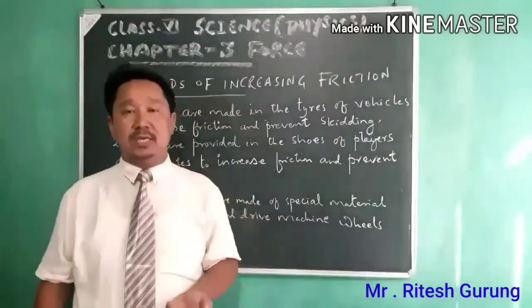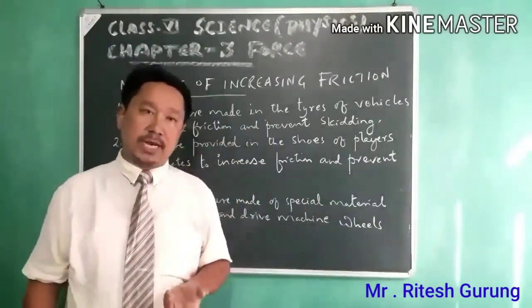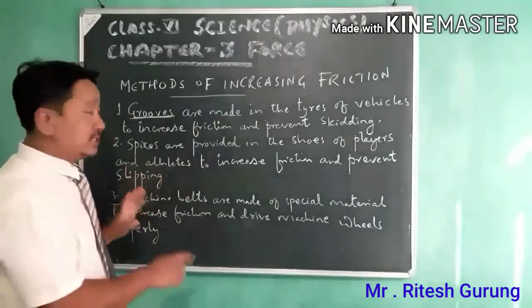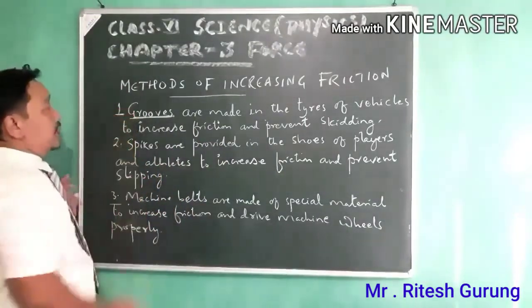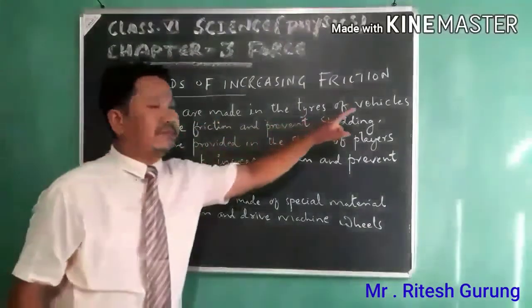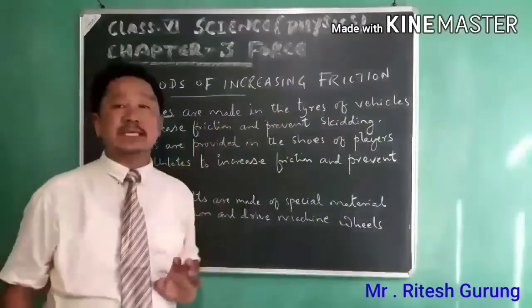How can we increase friction? That is mainly what we talk about today in this session. Number one, grooves are made in the tires of vehicles to increase friction and prevent skidding.